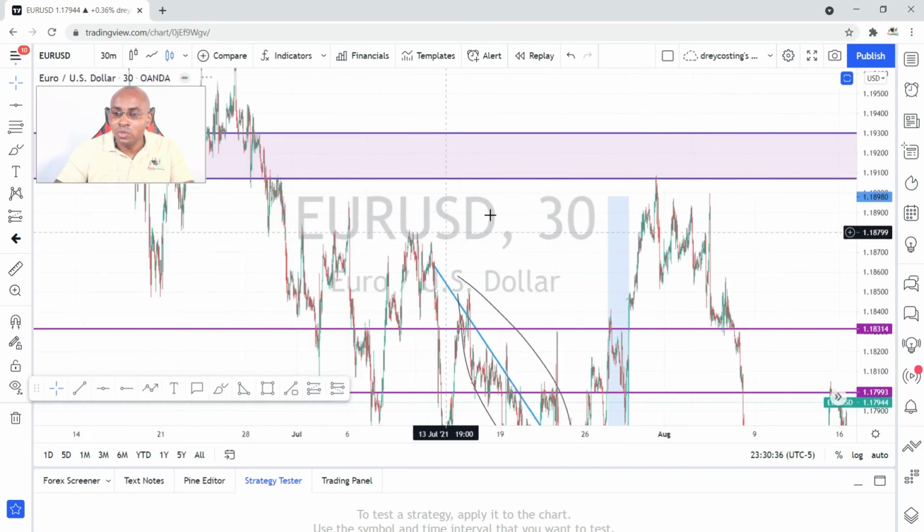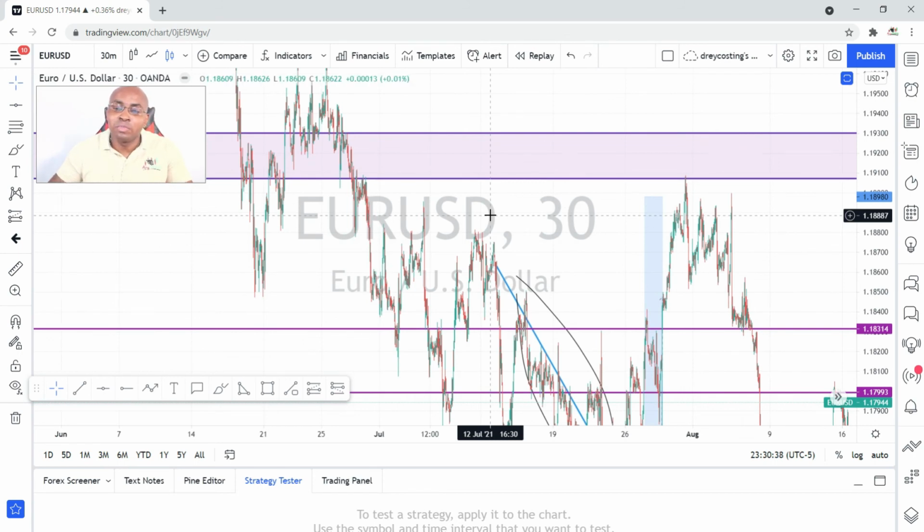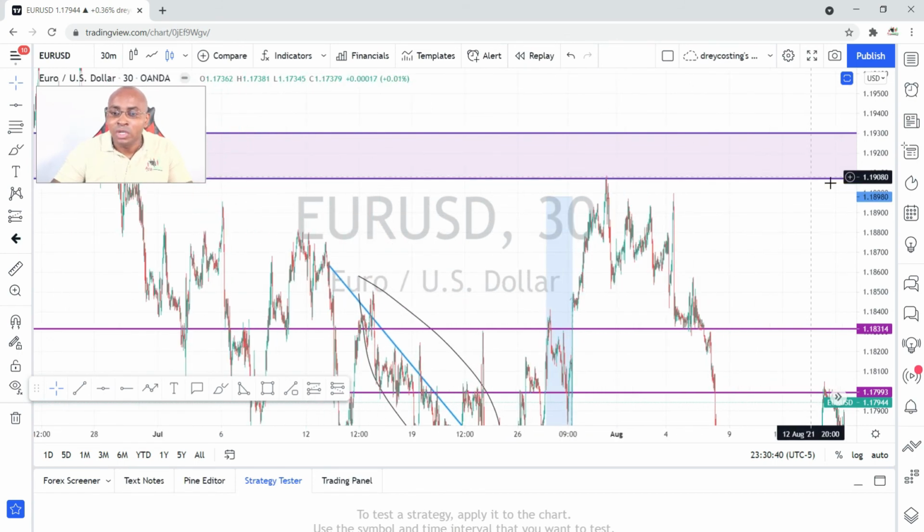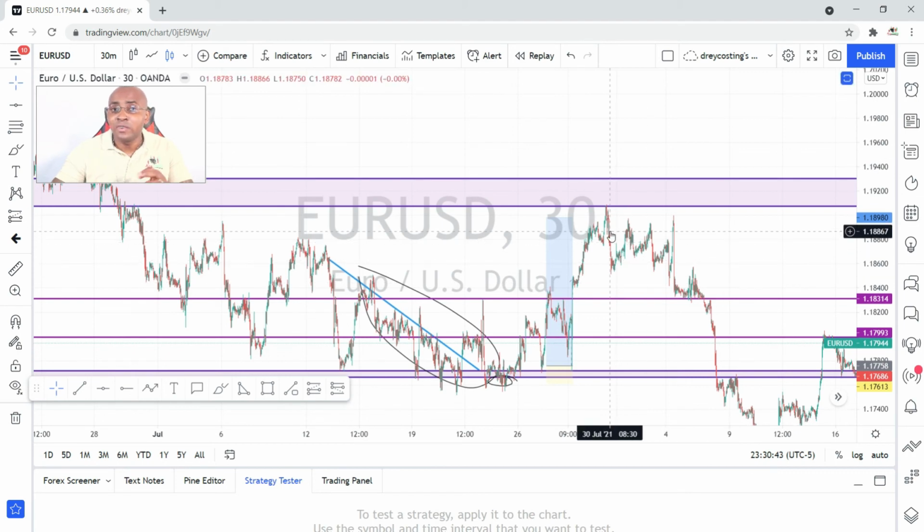Then what you could do now is use H4 to play the entire market structure. For me, I like to take my first position within the demand and supply zone, and then the second position for the entire market structure.